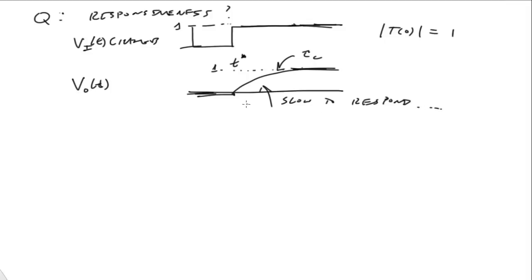So there seems to be some delay between when our signal turns on here at t star and when we finally approach, the rate at which we approach the asymptotic value. So how can we assess that?